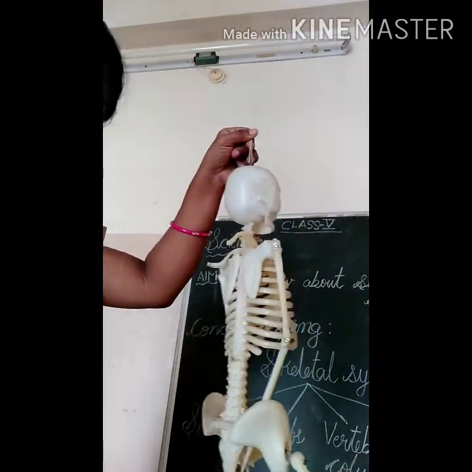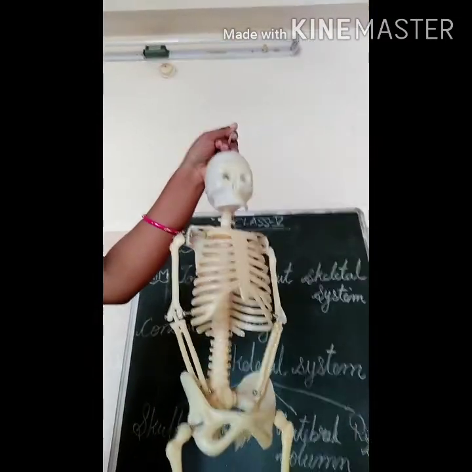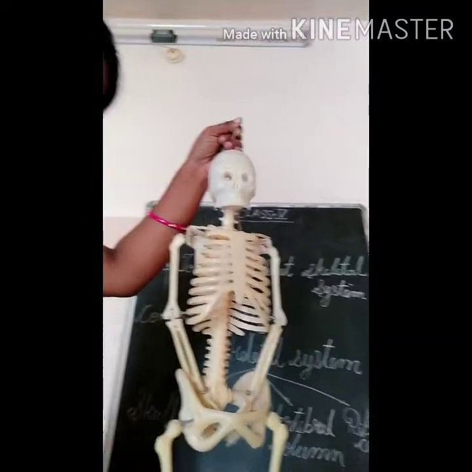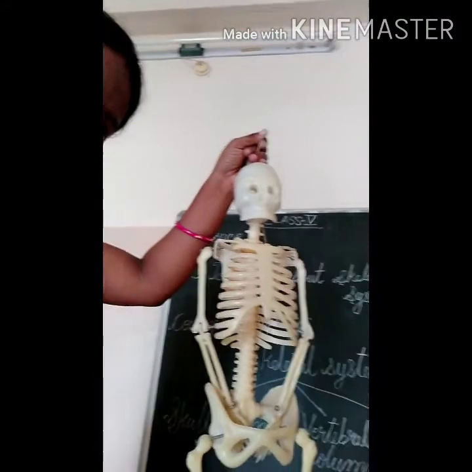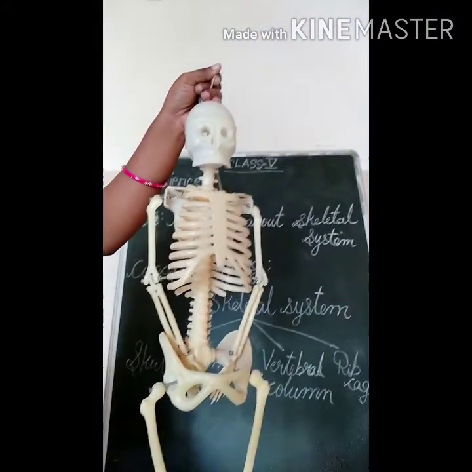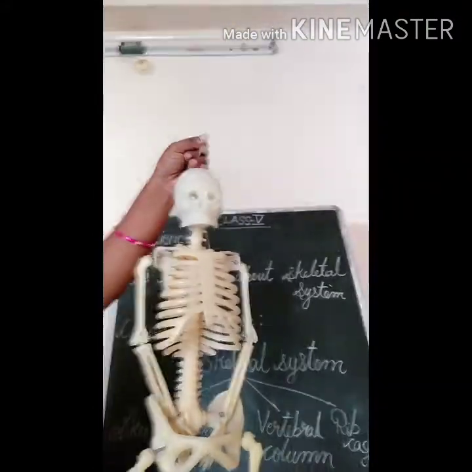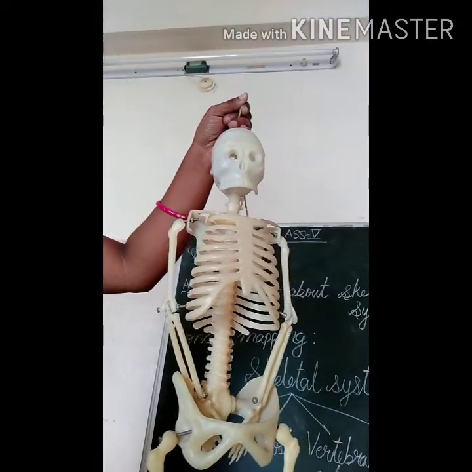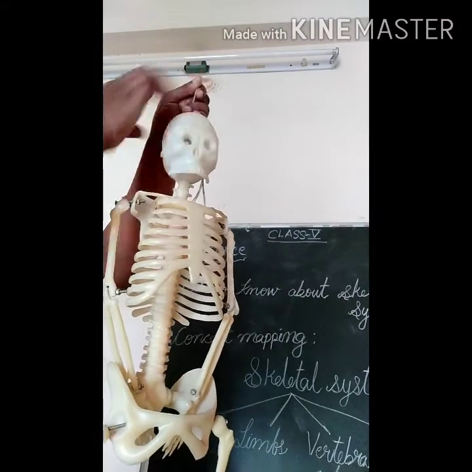So children, what are you looking at? What is this? This is the skeletal system. There is no flesh in this, right? You can watch this skeleton system, and I'll show you what these are. Now, what is this, children? This is the skull.